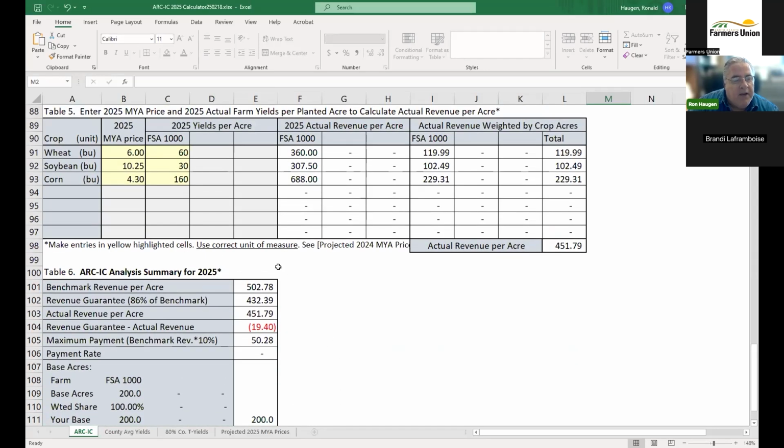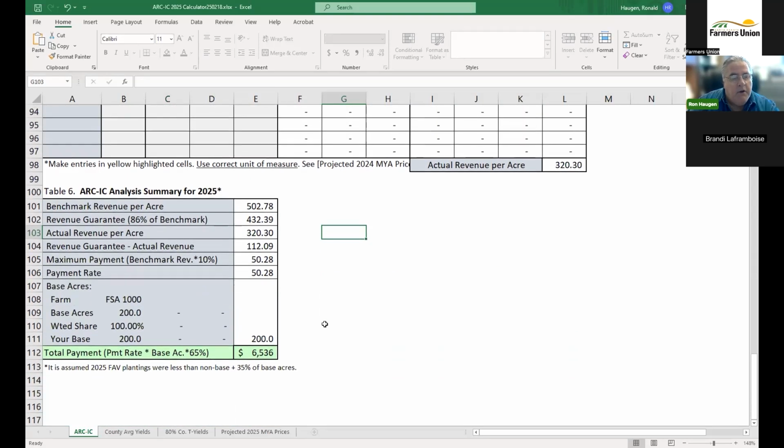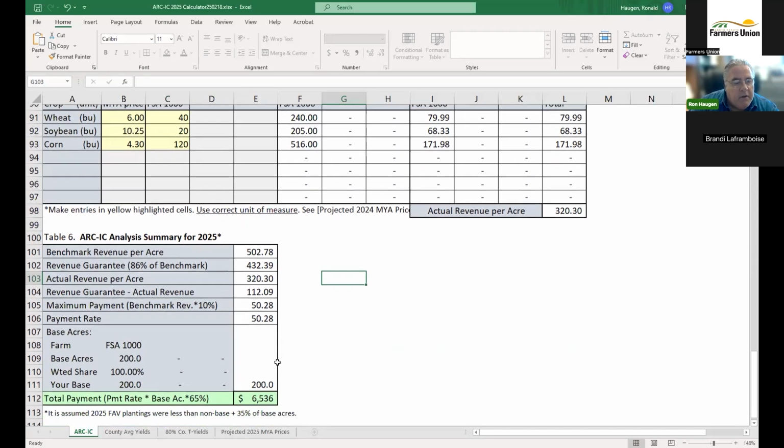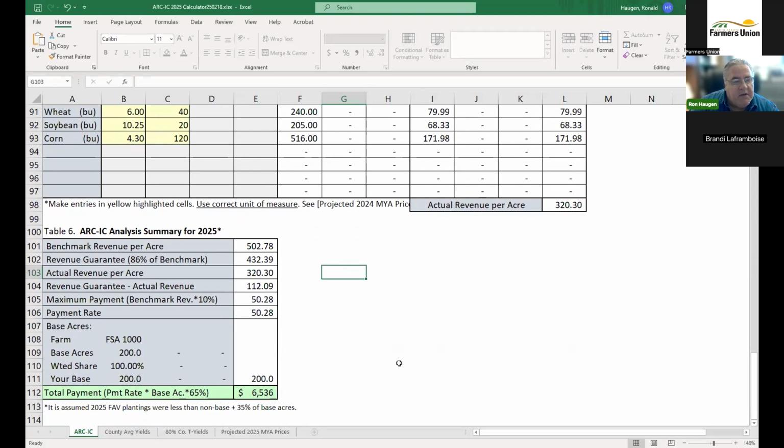The main thing is to do some scenarios here. Let's say there was a drought. Let's say you only had 40 bushel wheat, 20 bushel soybeans, and 120 bushel corn. You can see based on those yields, it changes your actual revenue, and you actually come up with a $6,000 payment.